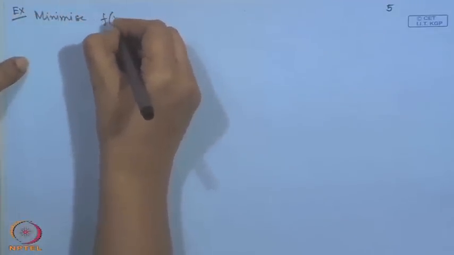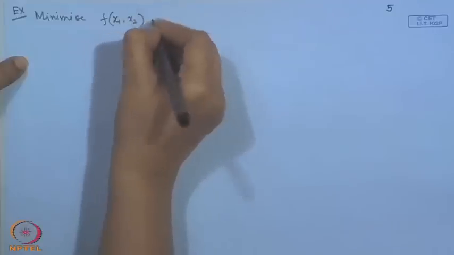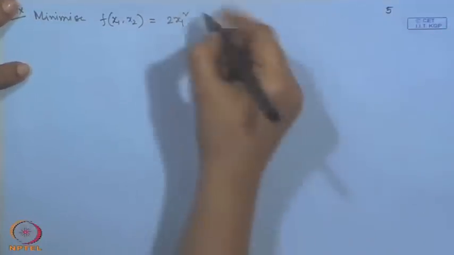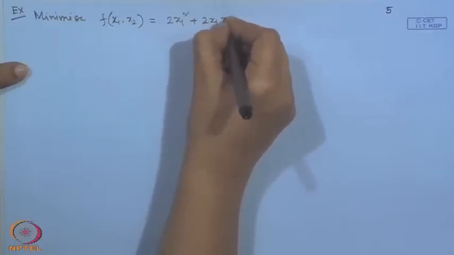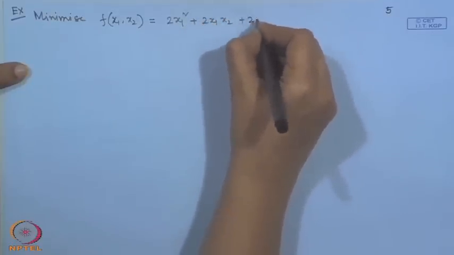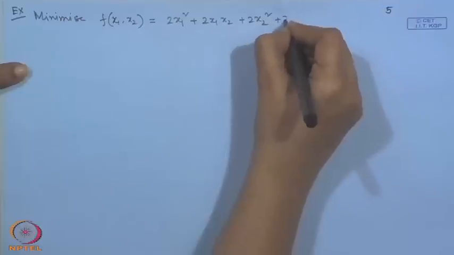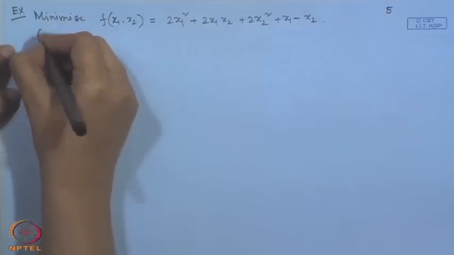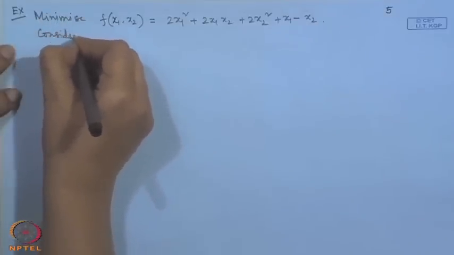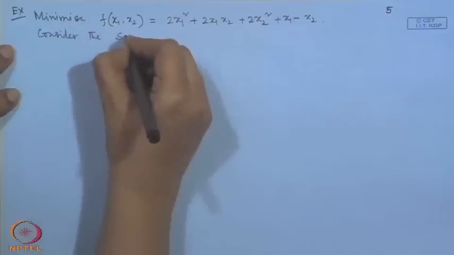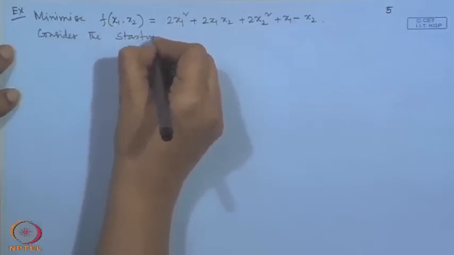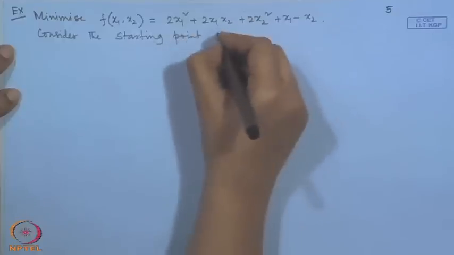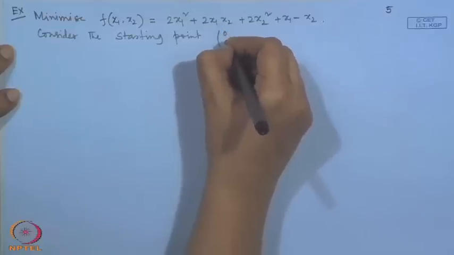Minimize f(x1, x2) = 2x1² + 2x1x2 + 2x2² + x1 - x2. Now, it is given that we consider the starting point as (0, 0).